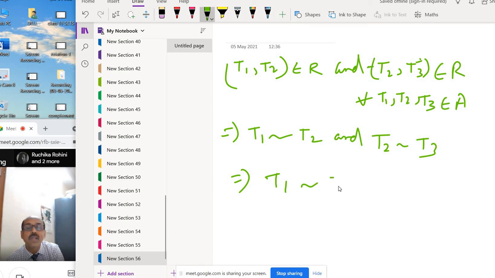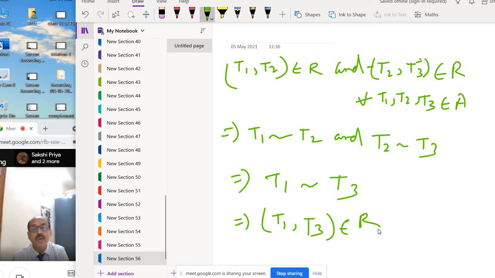This means (T1, T3) belongs to R. So R is a transitive relation.